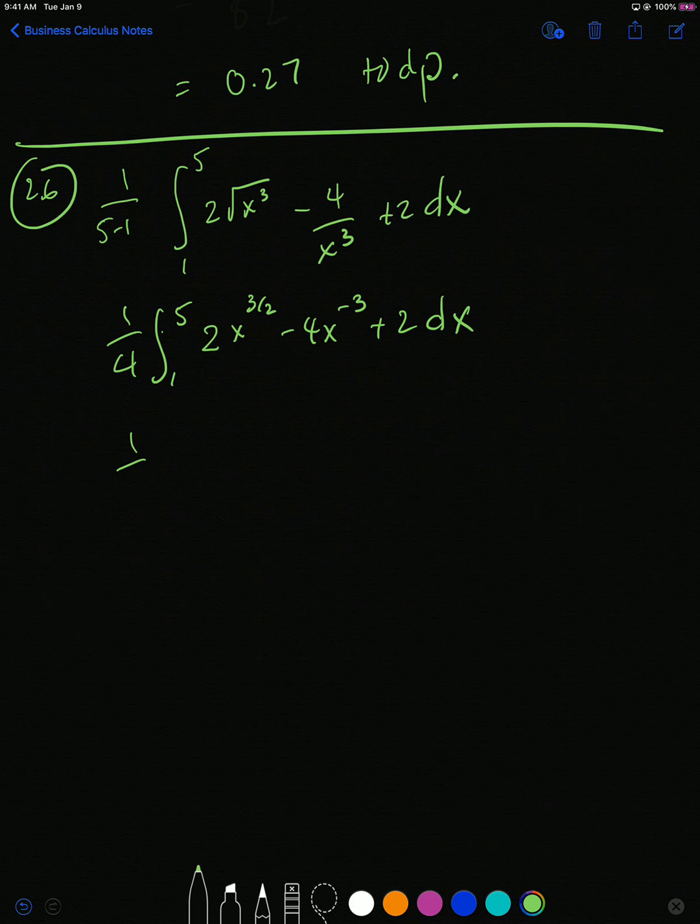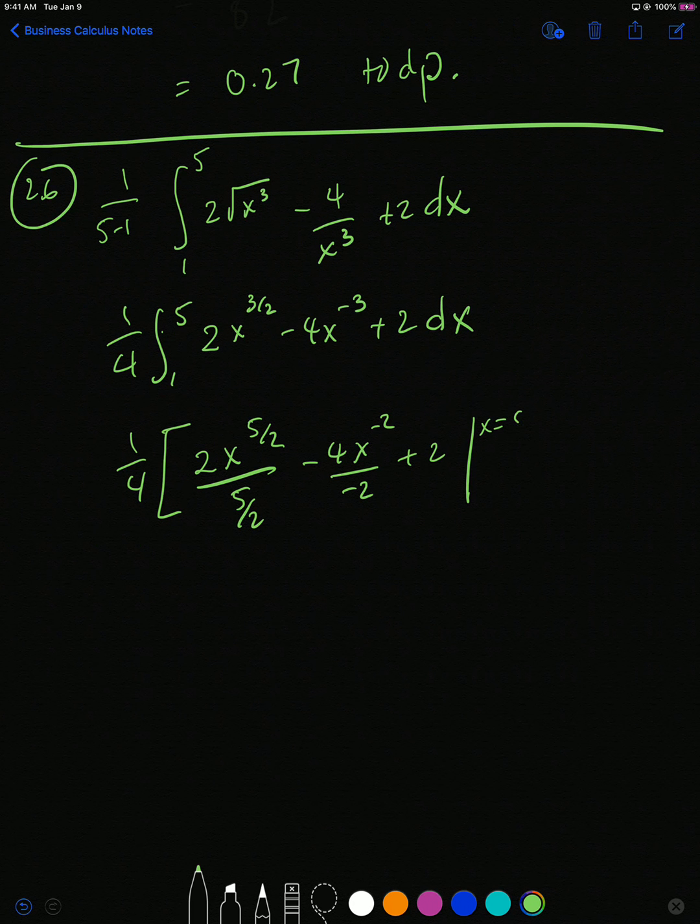And so that's going to be 1/4 of, adding 1 to the power, I'm integrating, so I don't need this anymore. So that's going to be 3/2 plus 1 is 5/2, over 5/2, minus 4x to the negative 2 divided by negative 2, plus 2x. I have to plug in 5, plug in 1, and subtract the 2 x's.